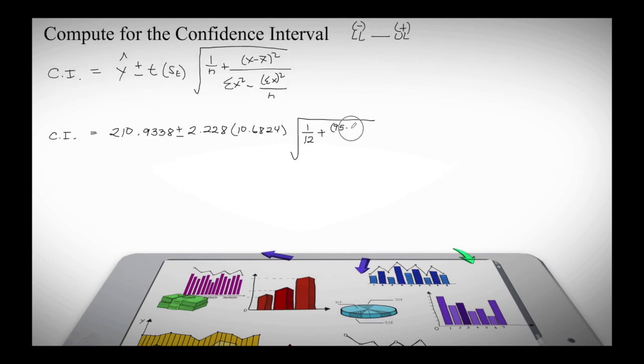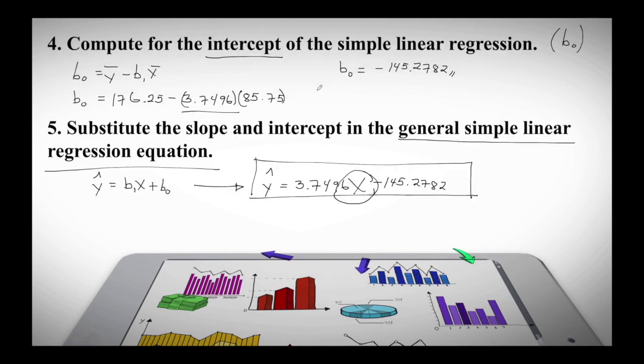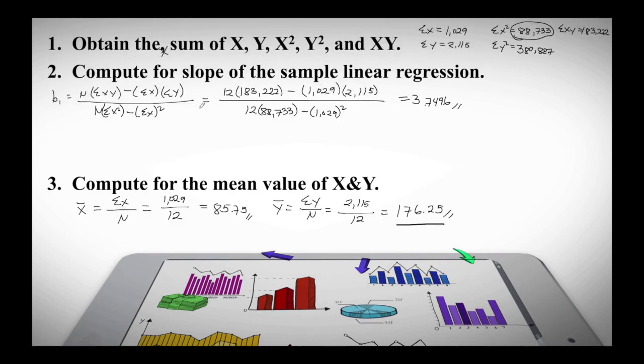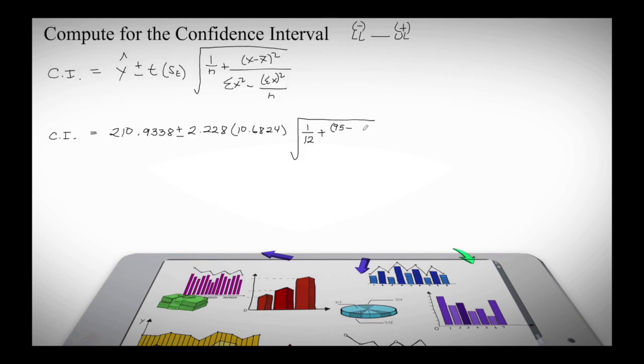Okay, so 95 minus the value of x bar natin dito is na-compute na natin yan kanina. So, balikan natin dito. Ito po, x bar 85.75. So, let's write it here. 85.75. Then, square natin. Ayan, nasa labas si square.